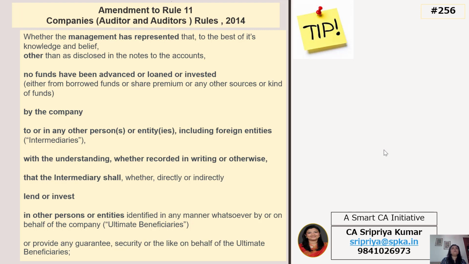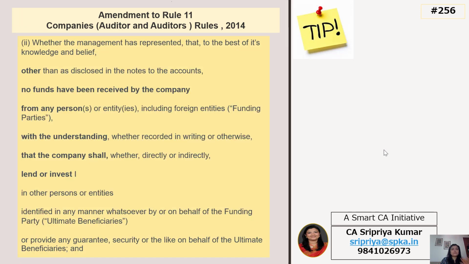In these two parts, they speak of only a management representation, which means transactions of this type ideally have to feature in the notes to accounts, and the management should represent to you that they have not undertaken any transaction other than what they have given in the notes to accounts.